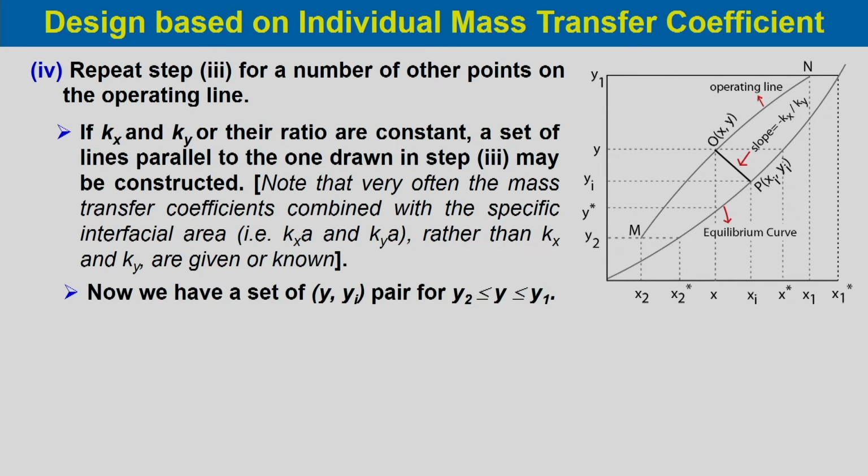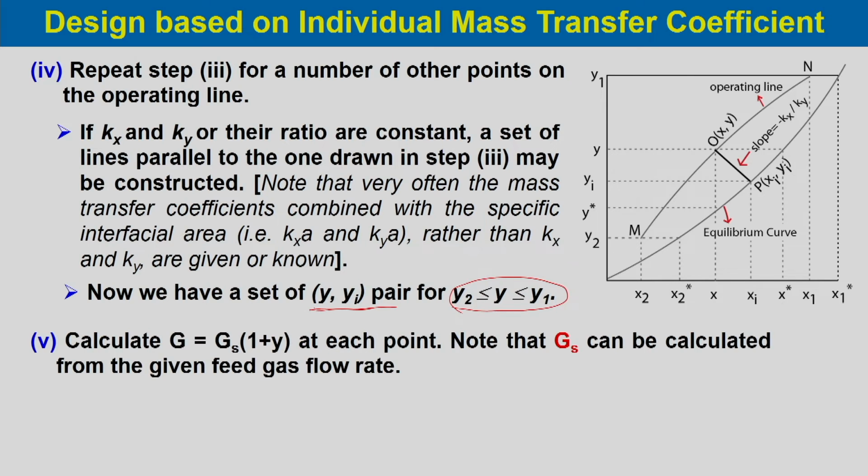Now, we have a set of y and yi pairs for y2 less than or equal to y, which is less than or equal to y1. So, with this limit we have a set of y and yi pairs. From the tie line we can obtain this for a particular system. Now, we can calculate G equal to Gs times 1 plus y at each point.